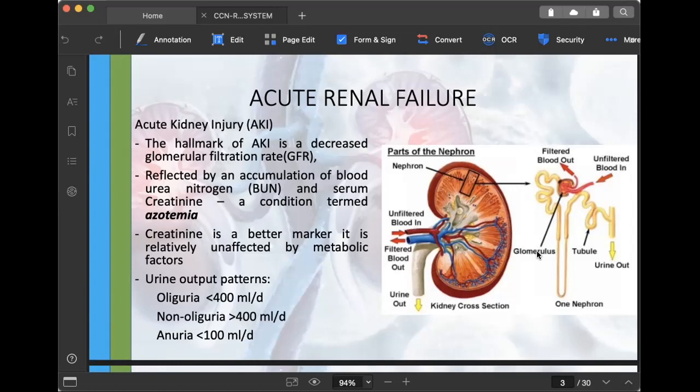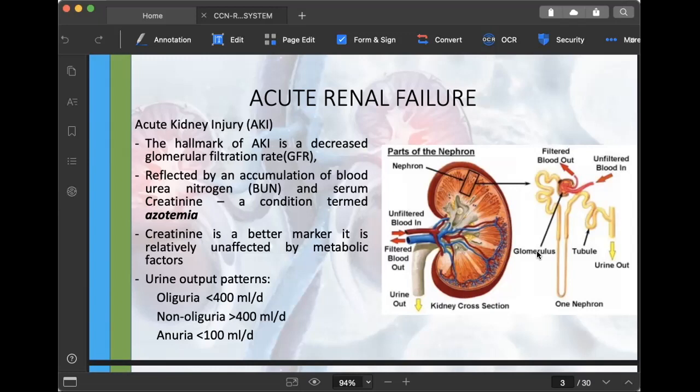Now, your azotemia and your uremia, more often than not, are being interchanged. The difference is that uremia is a kidney condition that occurs when there is a high urea content in the blood. That's your uremia. While azotemia is a kidney condition that occurs when there is a high nitrogen content in the blood.